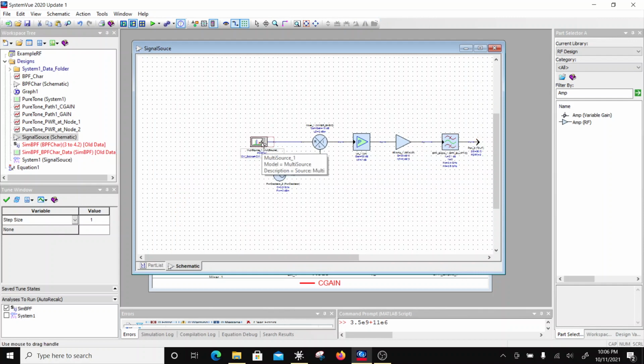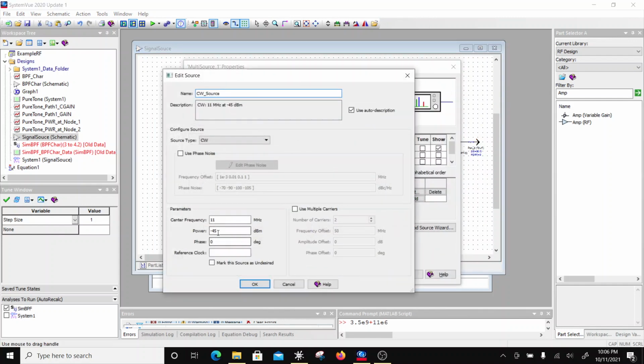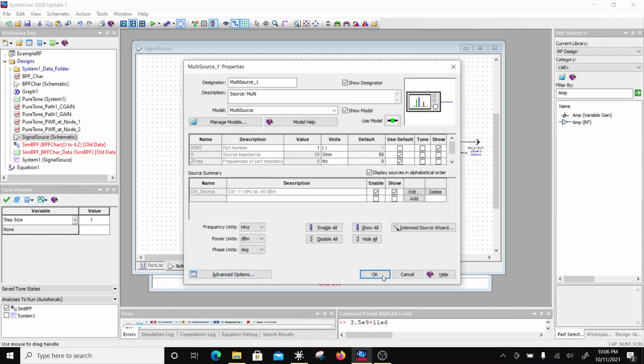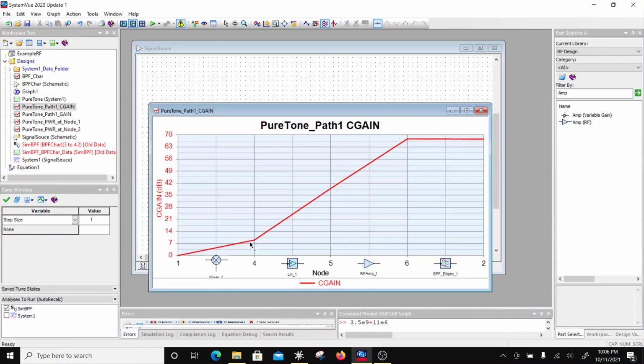Now if I was to insert more, so let's see if I put in minus 40 and run this simulation again and look at the cascaded gain. So the mixer is 1 dB compressed now. The mixer is showing you a gain of 9 dB, while under small signal the gain is 10. So the mixer is now 1 dB compressed here, right?